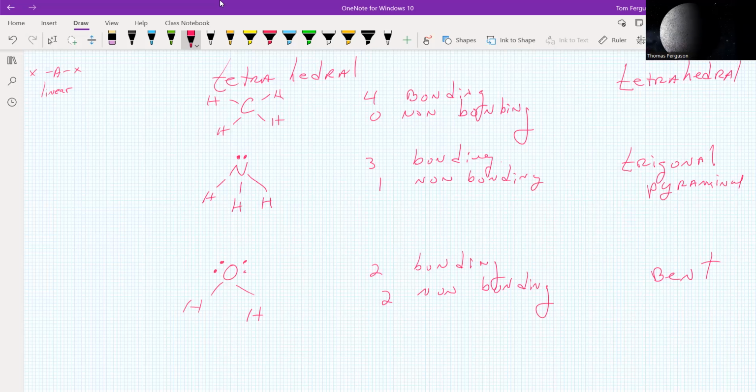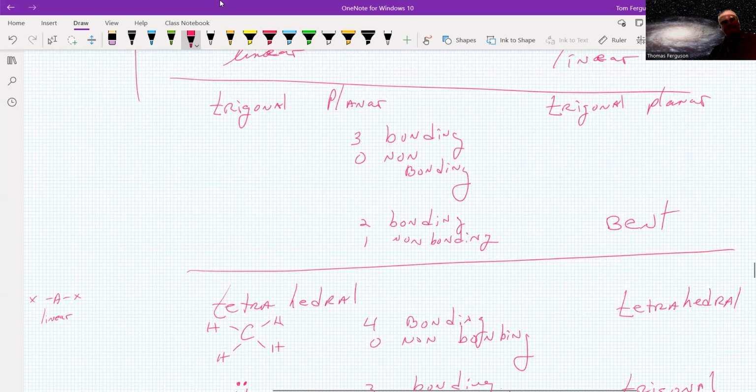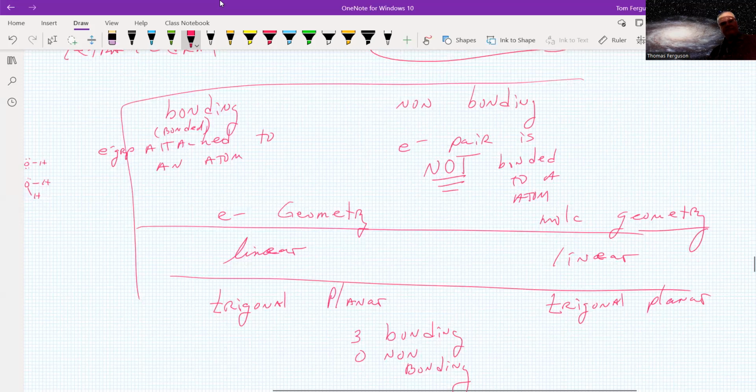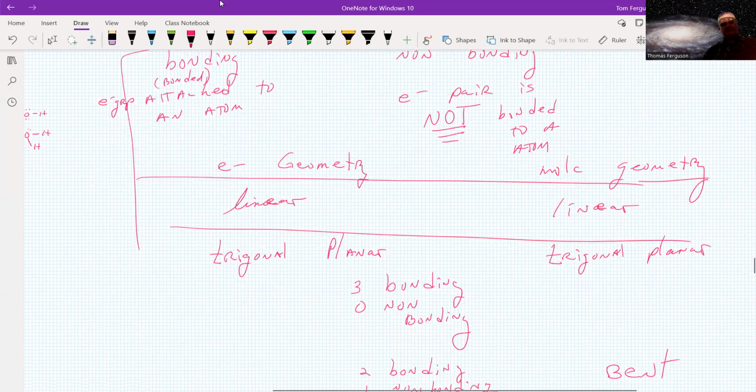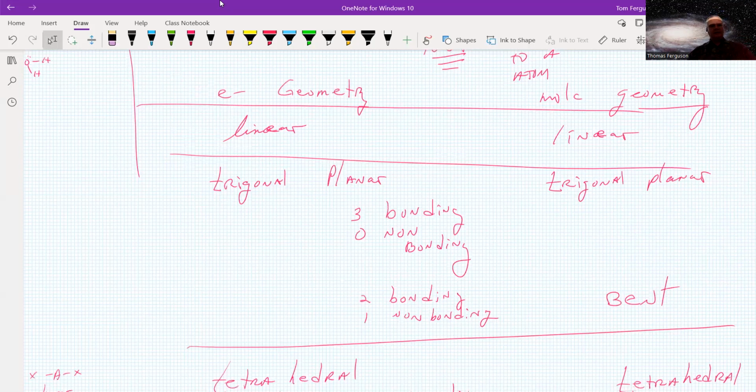Okay, you're going to be talking about VSEPR class. You're also going to be talking about bond angles. So let's talk about the bond angles first. What do you think the bond angle for linear is?